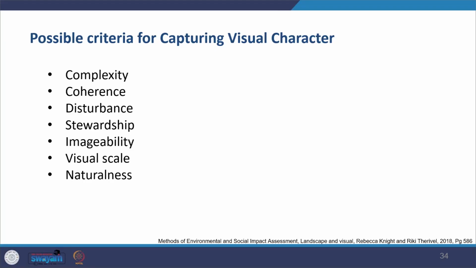So the way you capture this is you look at the complexity, how complex it is. Then you look at how coherent it is, in terms of how the elements are arranged and distributed, and what kind of relationship, stewardship, you have with the place. How do you imagine the place? How do you perceive that place? And at what scale?